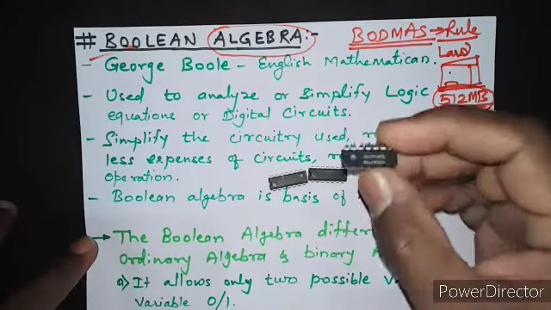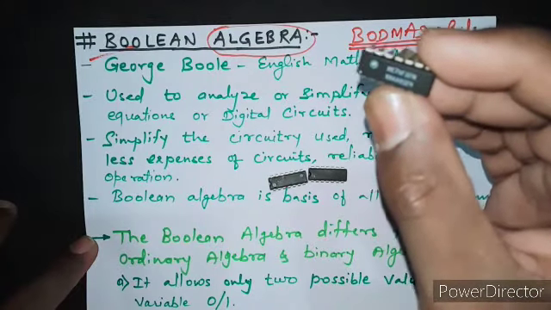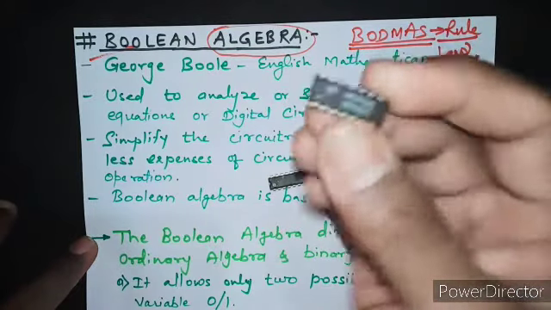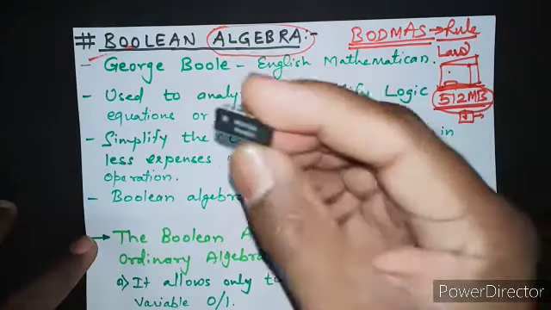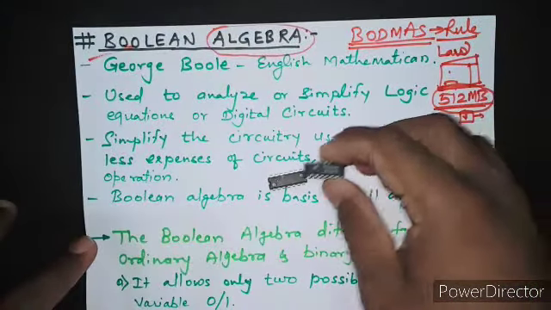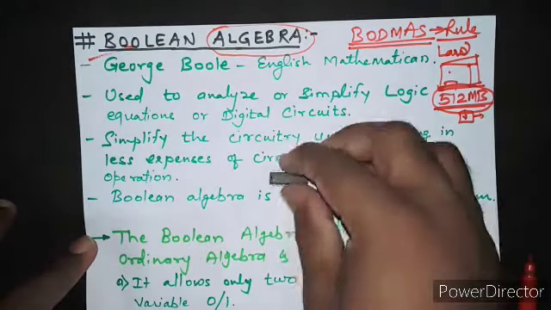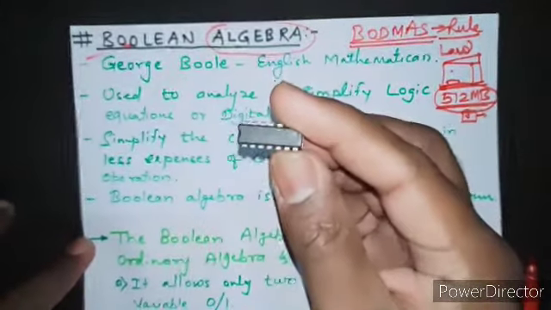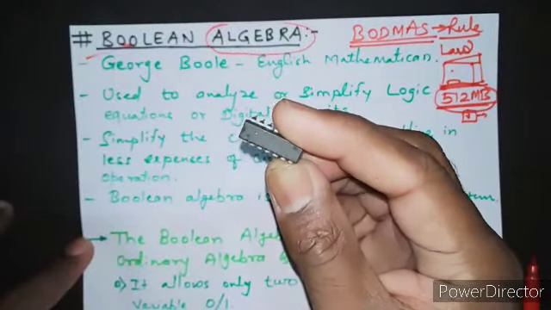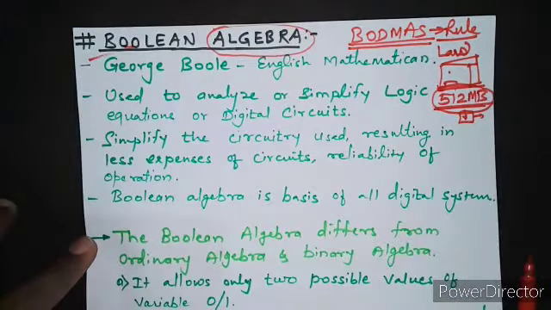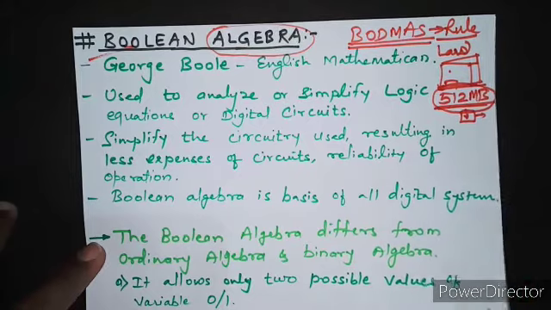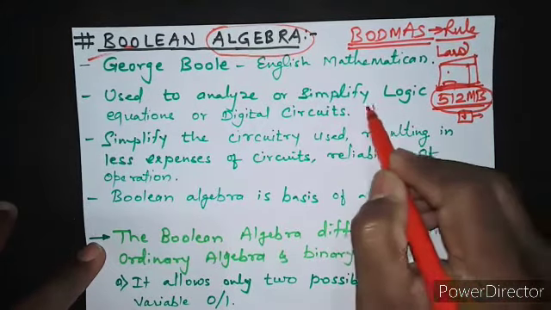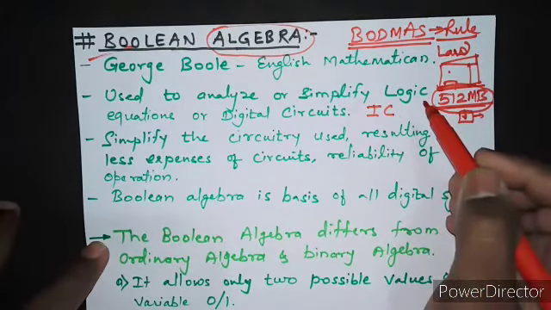I don't remember which IC it is, but we will have to check. Each of these ICs has 4 gates built in. That is why they are called integrated circuits.